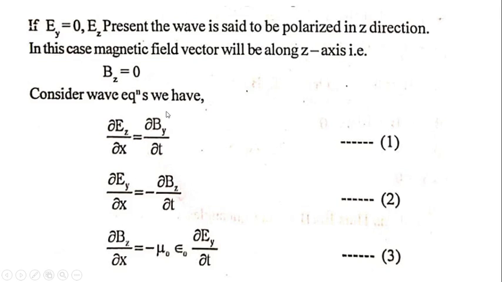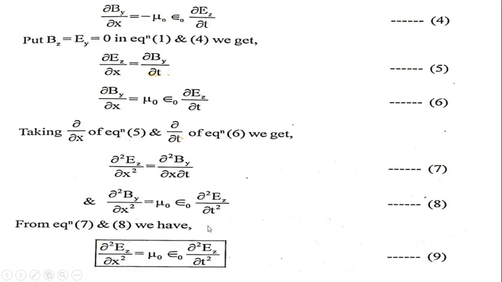Consider the wave equations. We have del Ez by del x equal to minus del By by del t, that is del Ey by del x equal to minus del Bz by del t, and next, del Bz by del x equal to minus mu 0 epsilon 0 into del Ey by del t, and del By by del x equal to minus mu 0 epsilon 0 del Ez by del t.